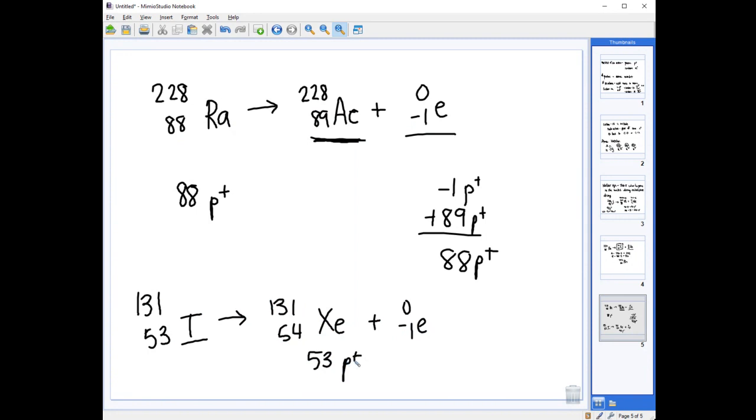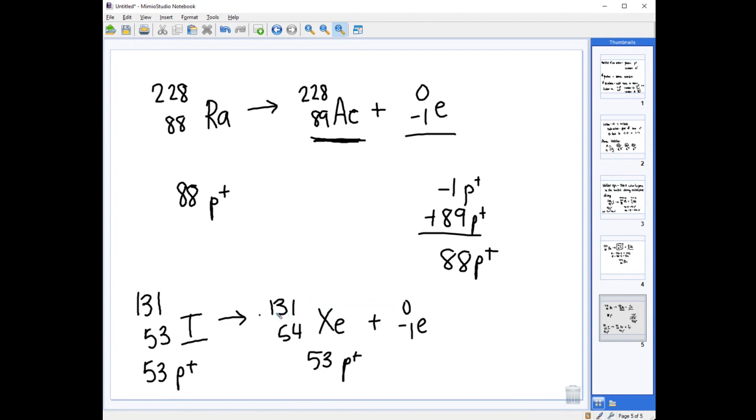So I have 53 protons on this side and 53 protons on the left side. Notice that, again, my A did not change because in a beta decay, I'm not getting rid of any neutrons. And so my 131 stays the same on both sides.